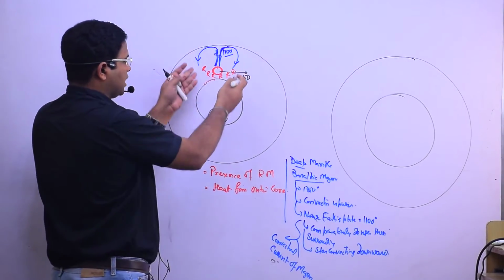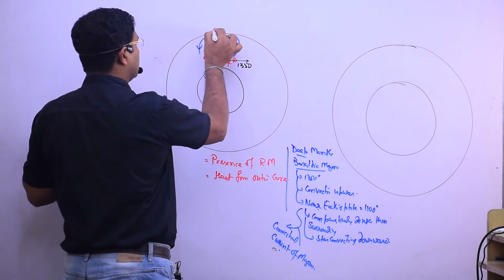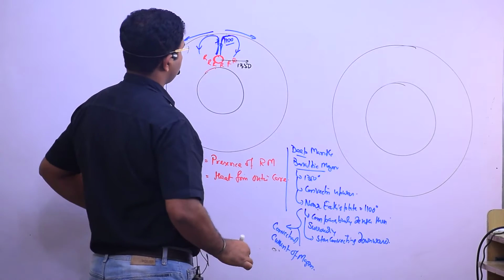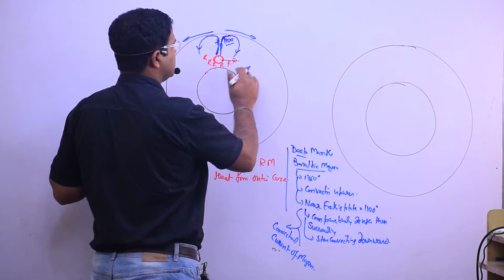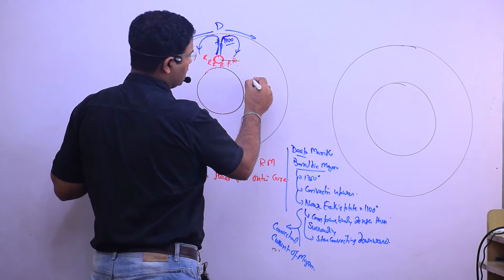When they start convecting downward, they put in a frictional drag, and therefore the upper plates, under the frictional drag, started diverging. I have already given this information.